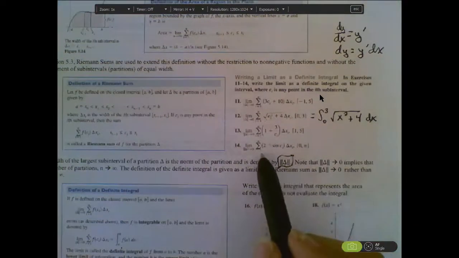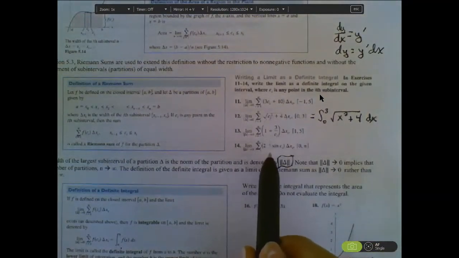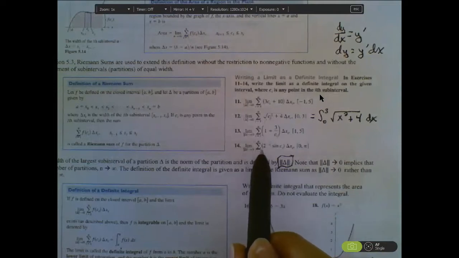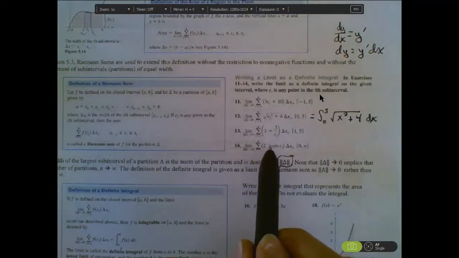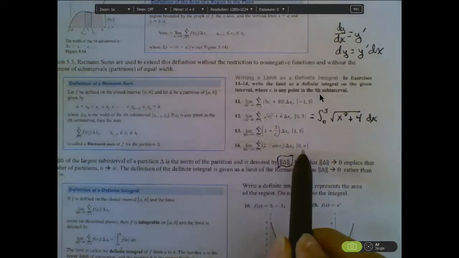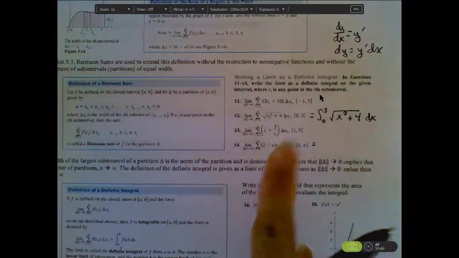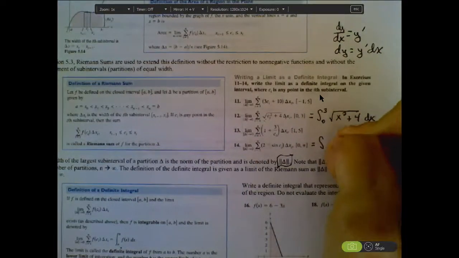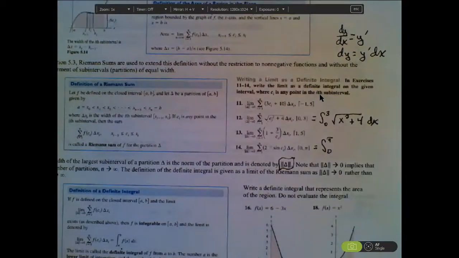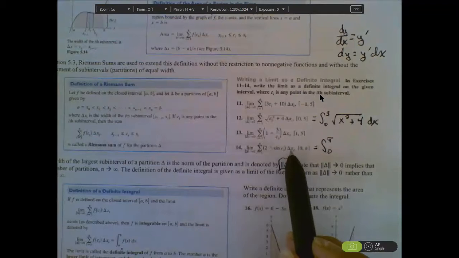Number 14, that is hard to read. Is that 2 minus, what is that? Oh, that's 2 to the negative c sub i sine of c sub i on the interval from 0 to pi. To write that as a definite integral, it would be the definite integral from 0 to pi of, the variable of integration is x, because my partition is given to me in terms of x.